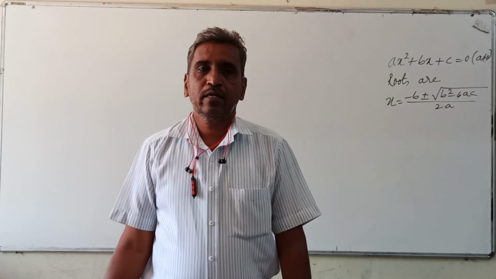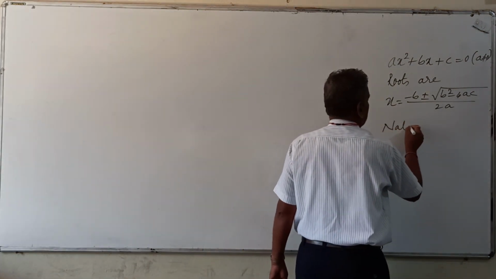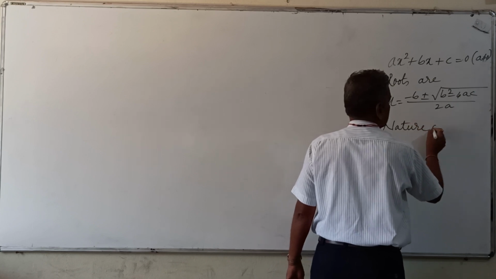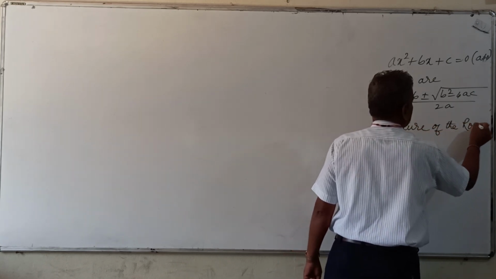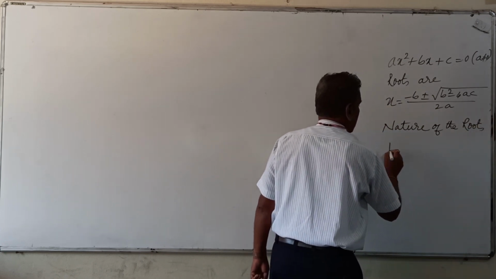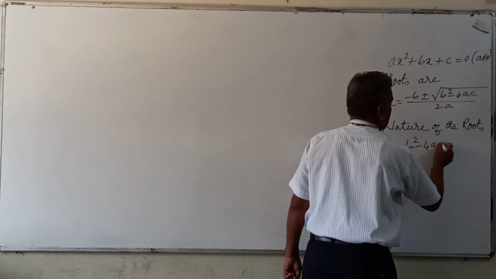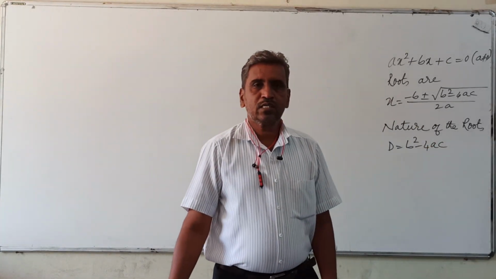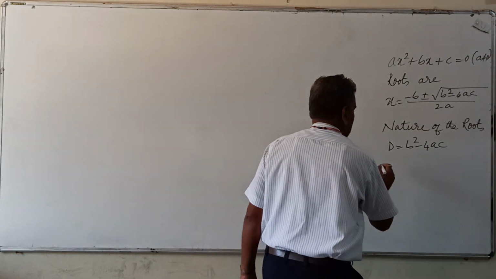And the nature of the roots. That is, b square minus 4ac is called the discriminant of the quadratic equation.